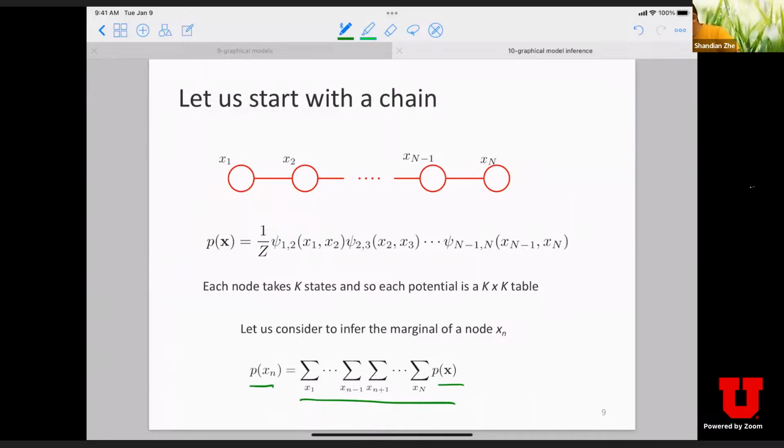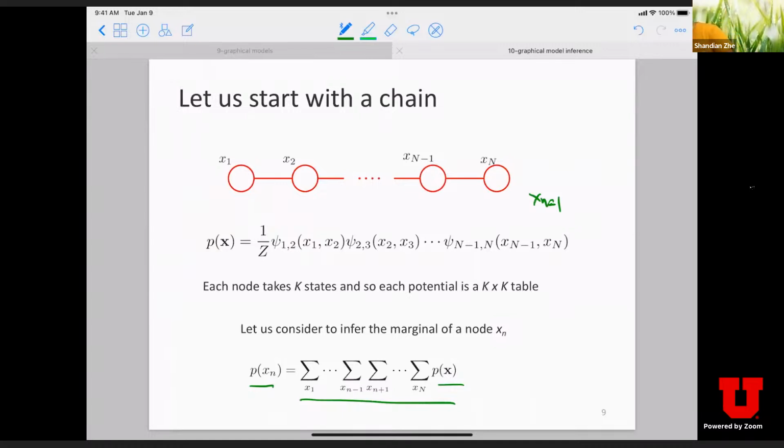Say for xn equals 1, you have to enumerate all the other possible configurations, from x1 to xn minus 1. Each remaining variable has k possible values. So how many combinations in total? k to the power of n minus 1.